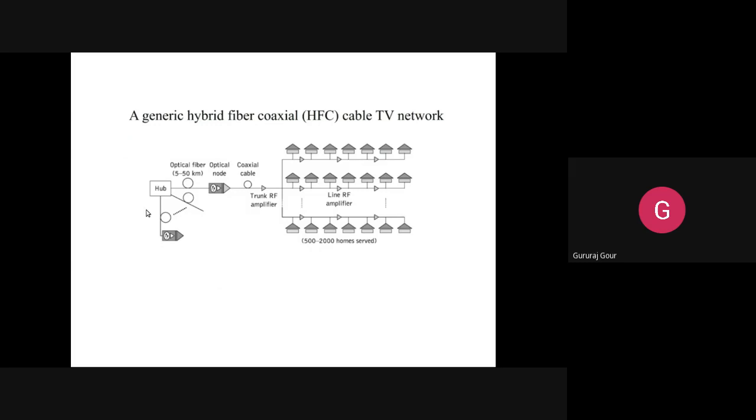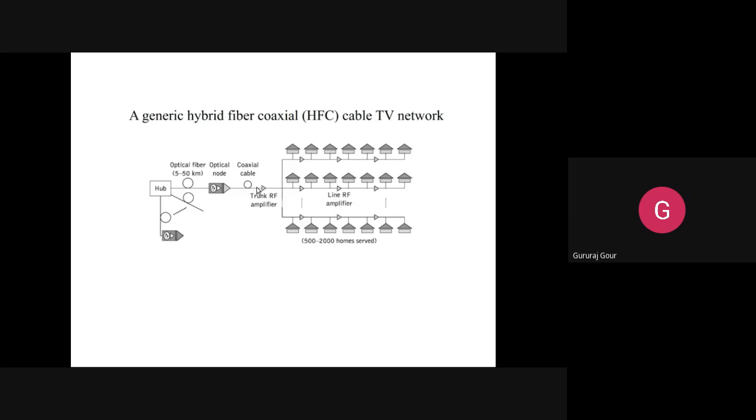Here the hub is going to interconnect the different sections of this cable TV network in a particular region. It is going to cover a particular region, supporting from 5 to 50 kilometers. This will be connected with cables consisting of both coaxial and optical.